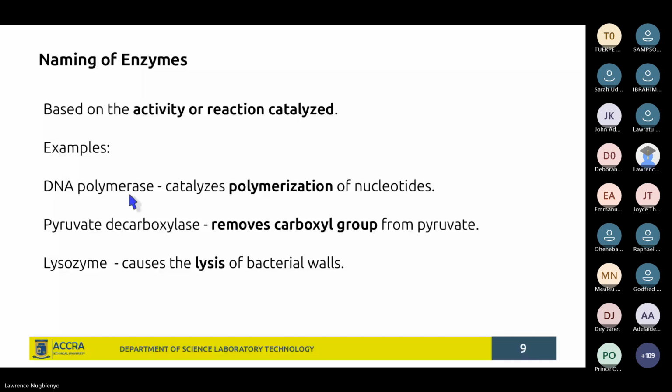All right. So we do see pyruvate decarboxylase. What is pyruvate decarboxylase? Here again, we see ase at the end of decarboxy. And that's because the process which is happening with pyruvate decarboxylase is the removal of carboxyl group from pyruvate.